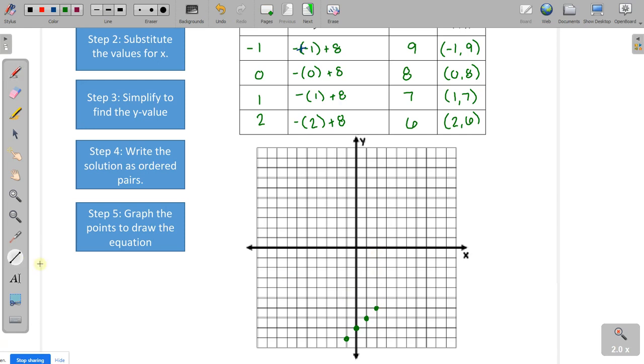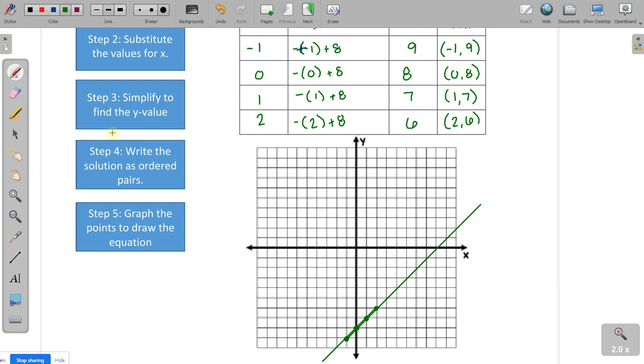And then we are going to draw a line. We are using a ruler or something that has a straight edge to it, connecting our dots to make a straight line.